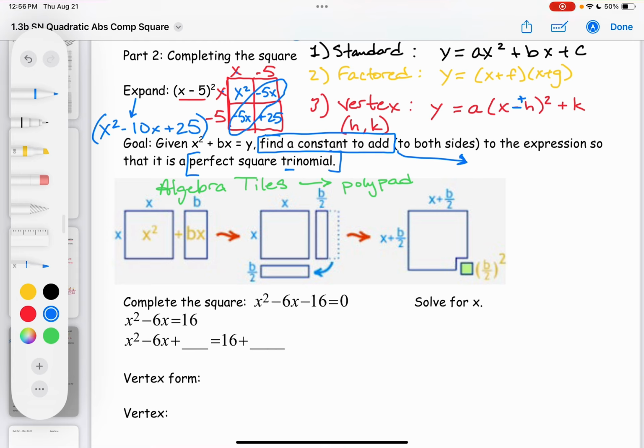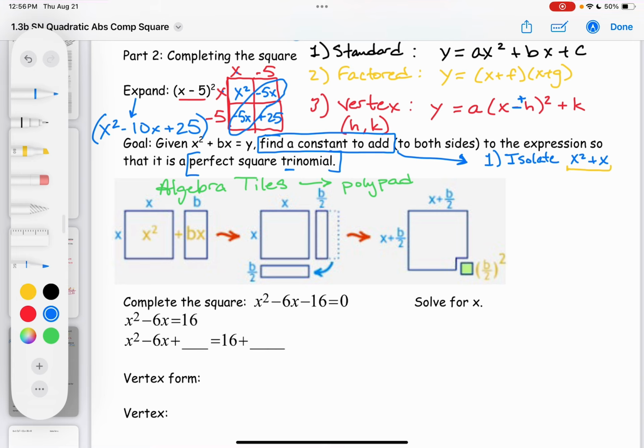So, first step, I'll try to give you a step-by-step here. Step 1 is isolate x squared plus x. Whatever that looks like, you want to get the x term and the x squared term isolated on one side of the equal sign.